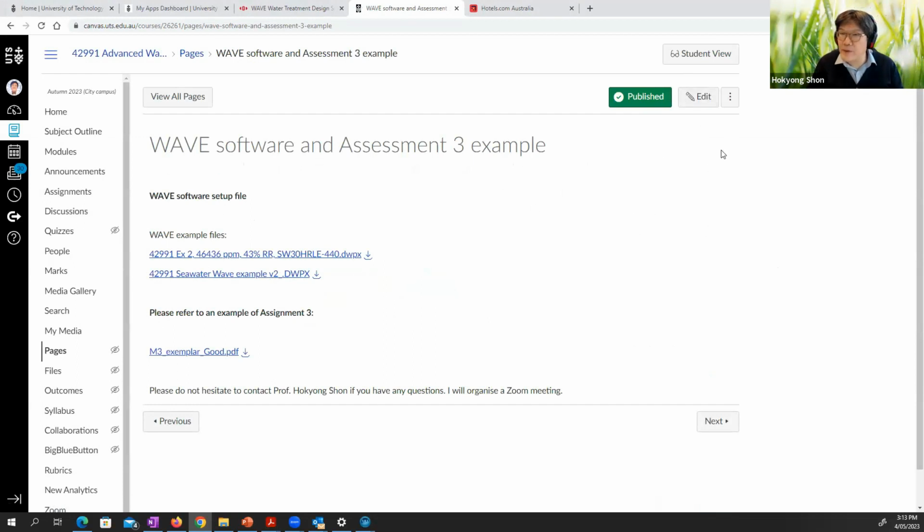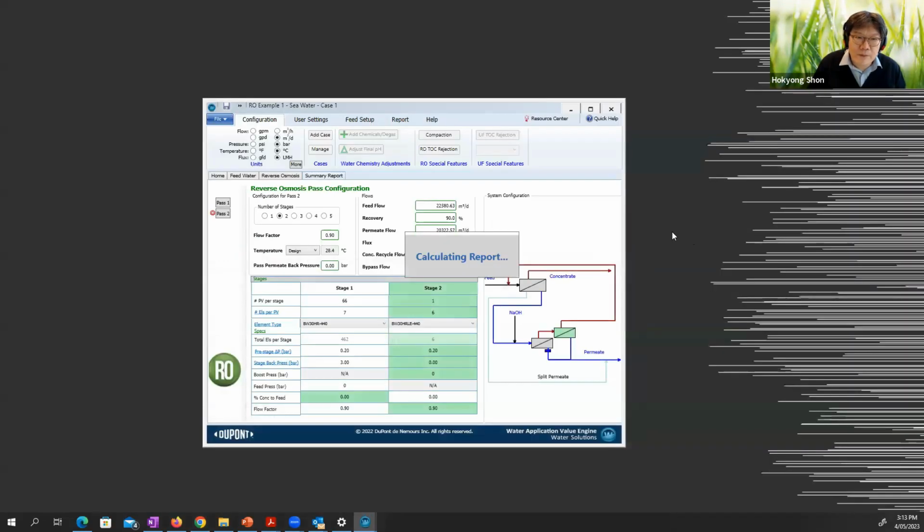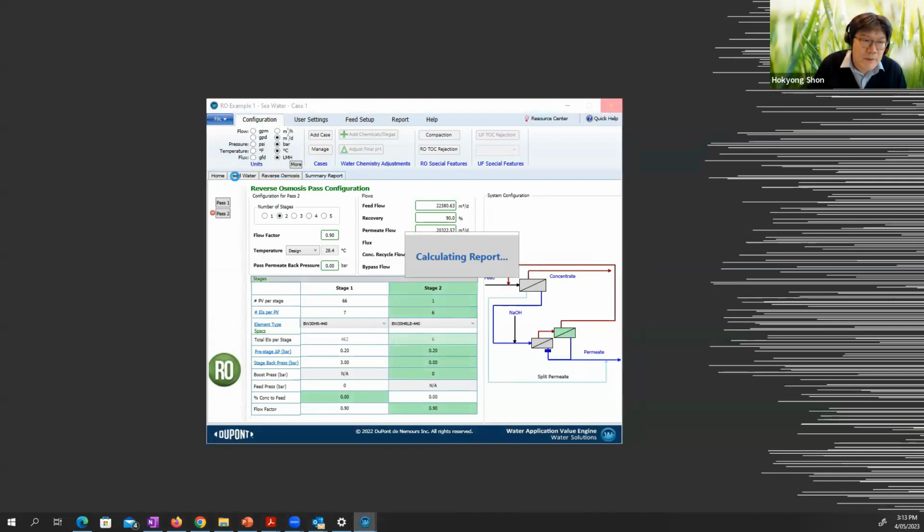Yeah, now you can download from the wave bus. Because why is it calculating such a long time? It's very interesting.